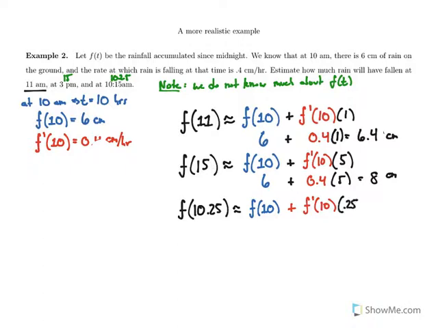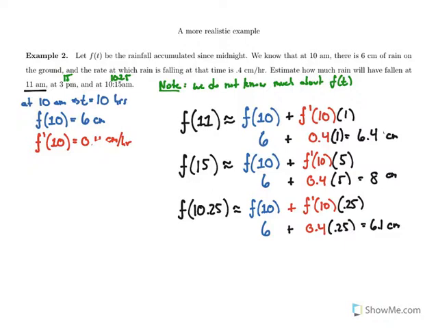For 0.25 hours. This will be 6 plus 0.4 times 0.25, which is going to be 6 plus 0.1, or 6.1 centimeters.